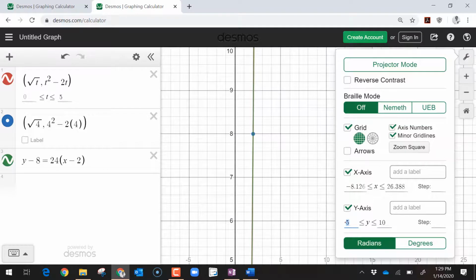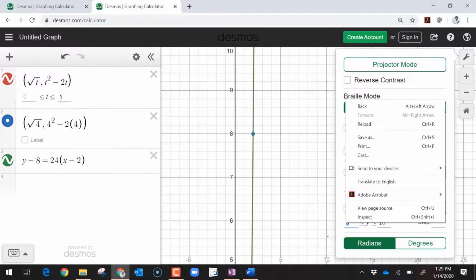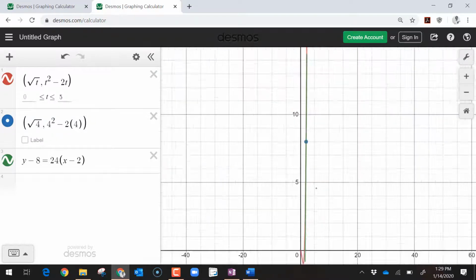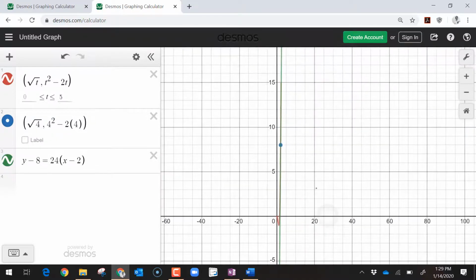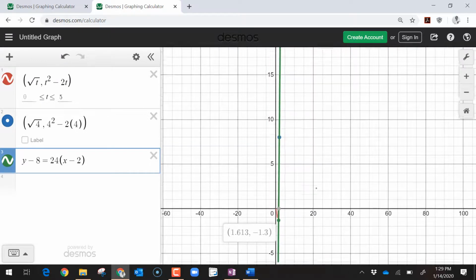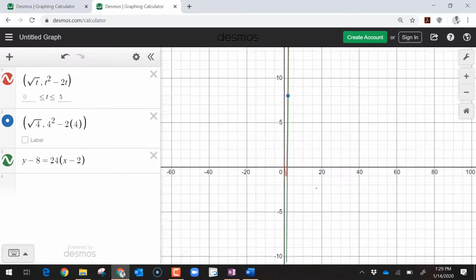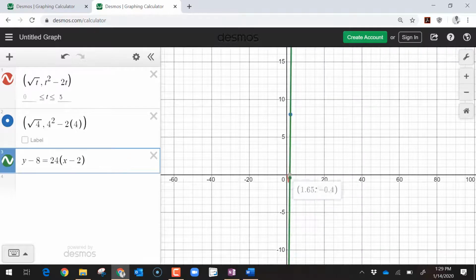If you have a touch screen, you can just use your fingers to squish that. Try putting your fingers on the y-axis and just squeeze it. It was kind of working.